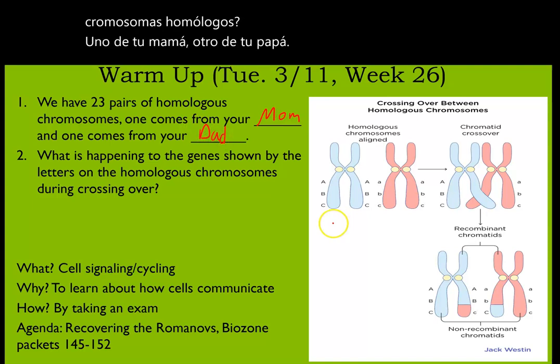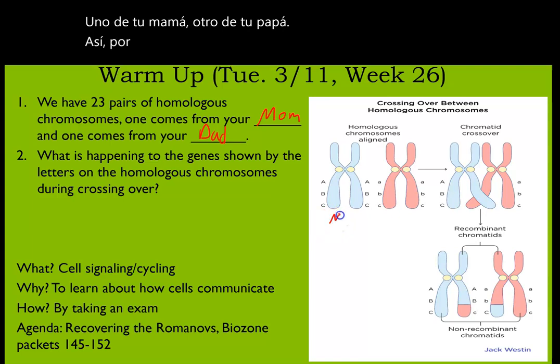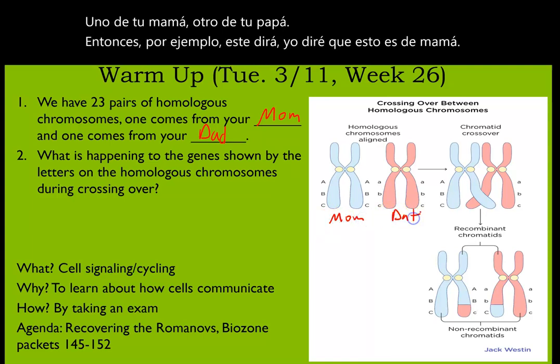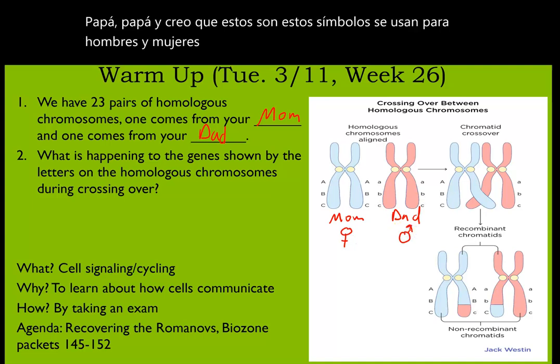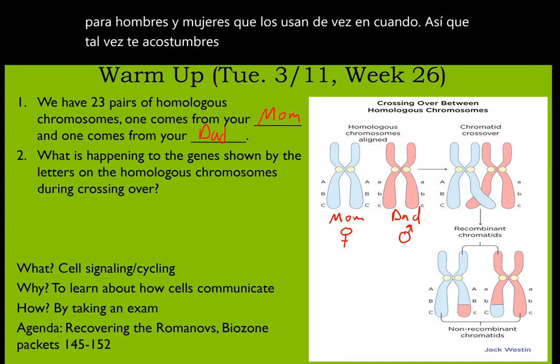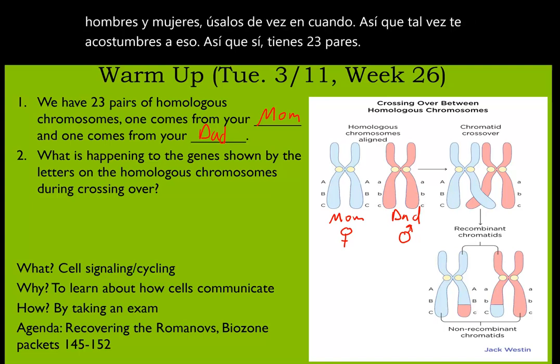So, for example, this one, I'll say this is mom's, and this is dad, and I think these symbols are used for male and female. I'll use them from time to time, so maybe get used to that. So yeah, you have 23 pairs, and you get one from your mom, one from your dad.